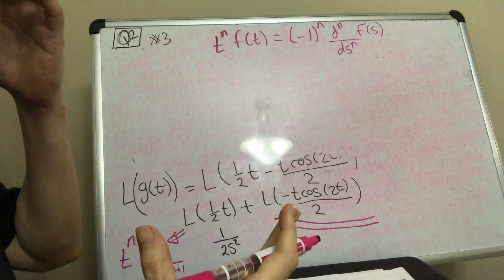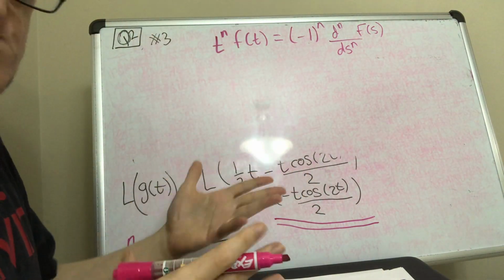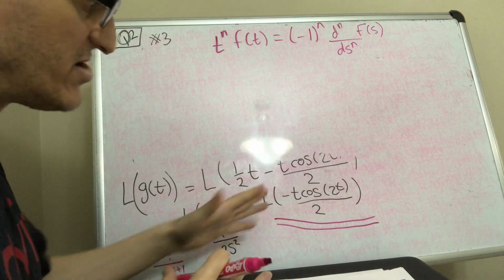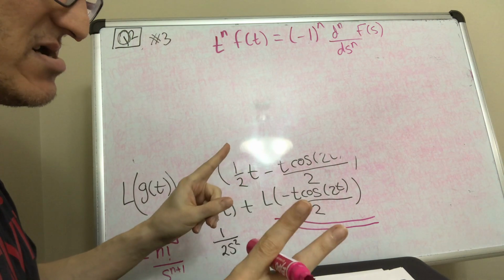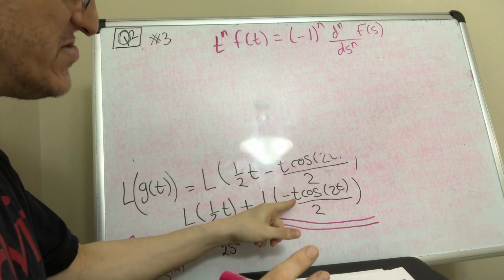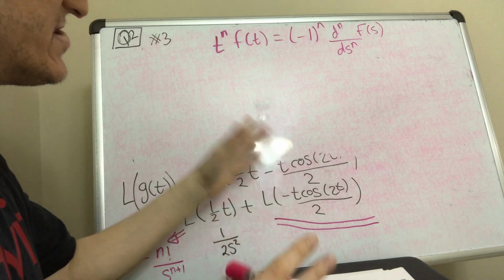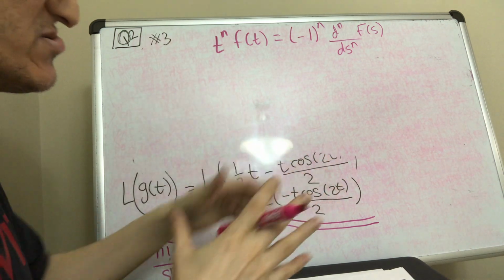I'll tell you what, it's a very good rule. It helps you with any type of t times something. Even when it's squared, cubed, anything, when you have anything like this, you apply this rule.